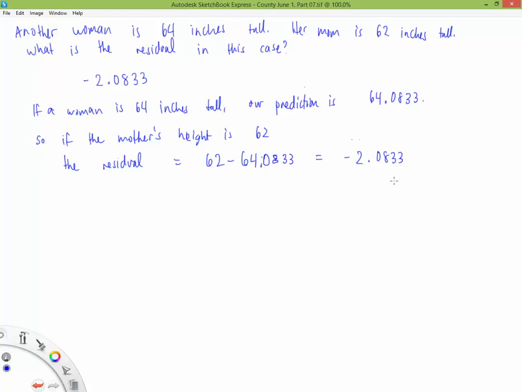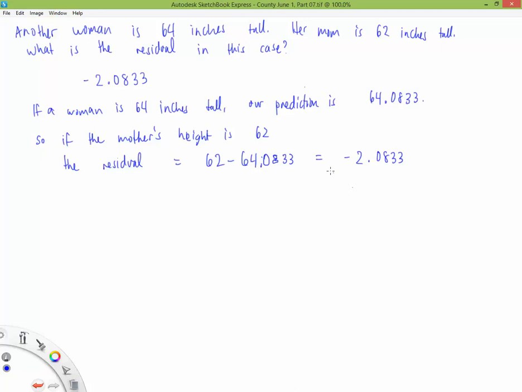We should be able to do this in our heads, right? 62 minus this. We don't need a calculator for this. Well, it's just like if somebody gave you $581.67 and they charged you $81, how much would you have left? $500.67, right?